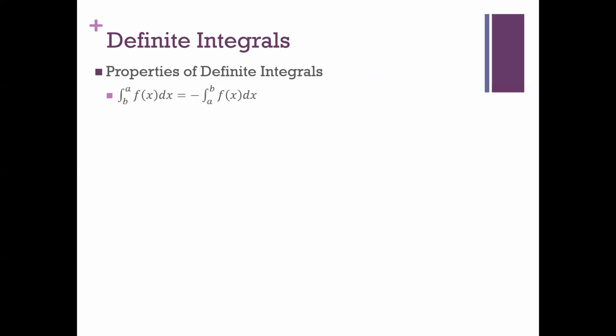So every interval we've done, we work around the right. We started at the lesser boundary. If you reverse the interval, you get the same magnitude, but the opposite sign.